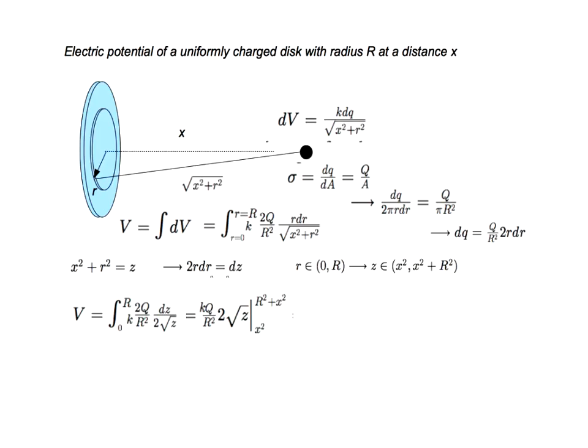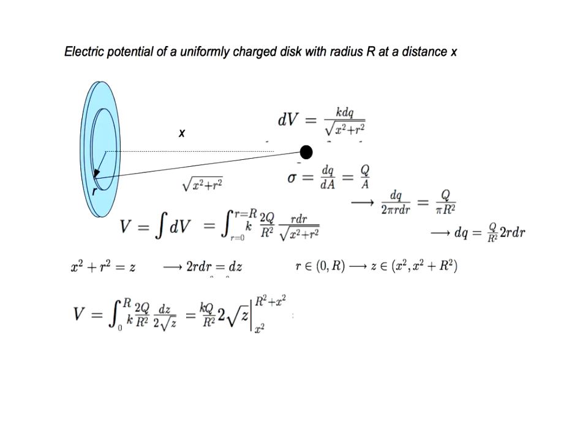The integral is very simple. What comes out of the integral is simply a square root of z. And here the limits for the new variable are x squared and x squared plus R squared.